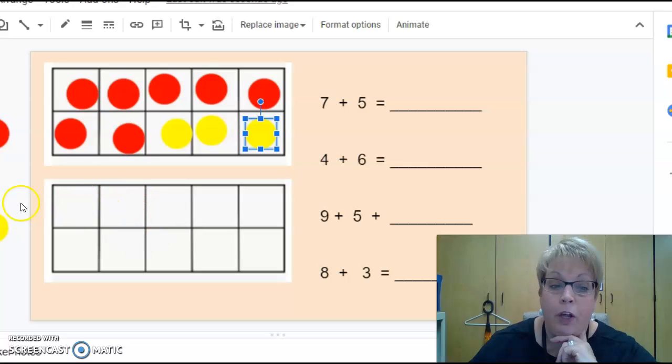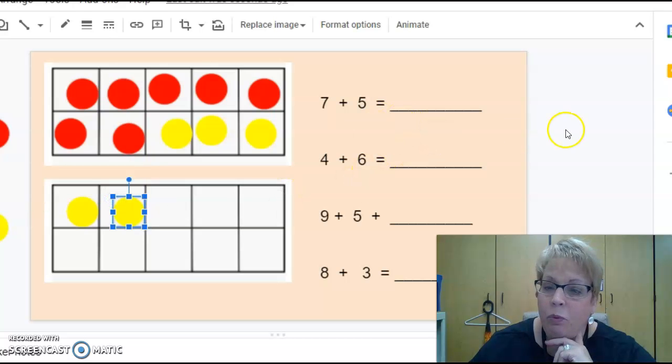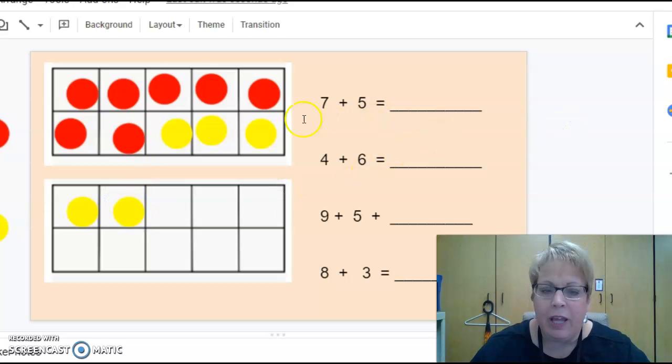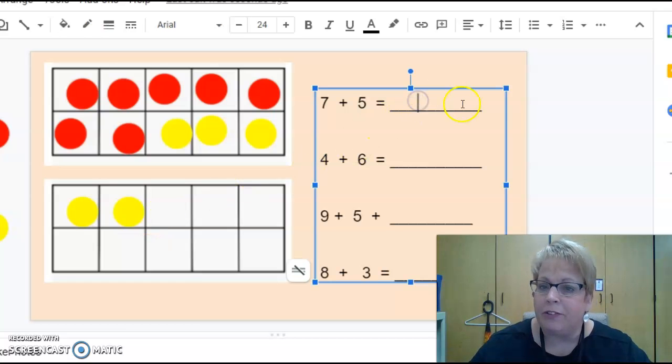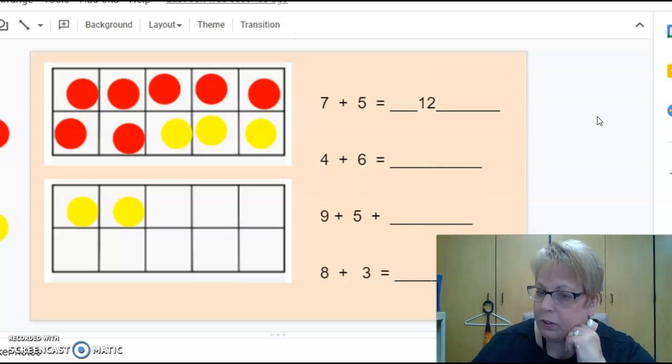Oh, my overflow, I'm going to put down here. 4 and 5. Now, when I actually do my addition, I can quickly see, oh, 7 plus 5, well, there's 10, 11, 12. 7 plus 5 must equal 12. And that's very easy for me to see.